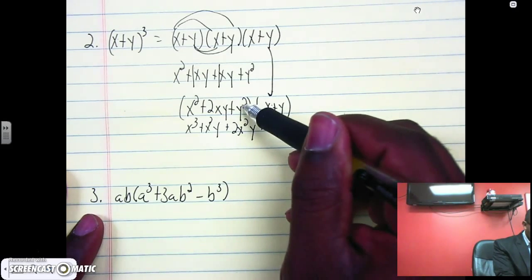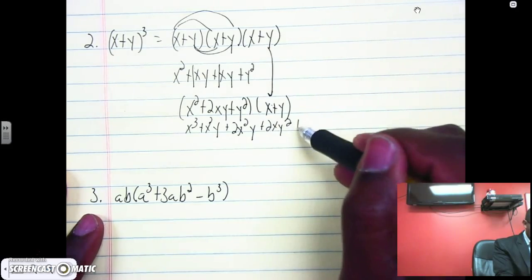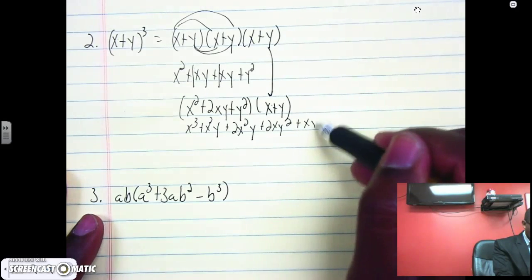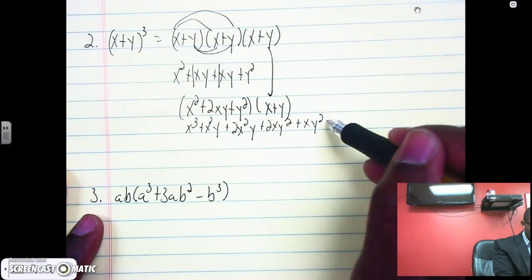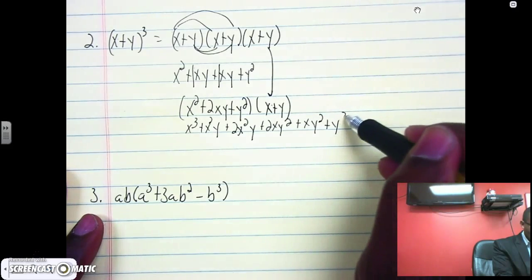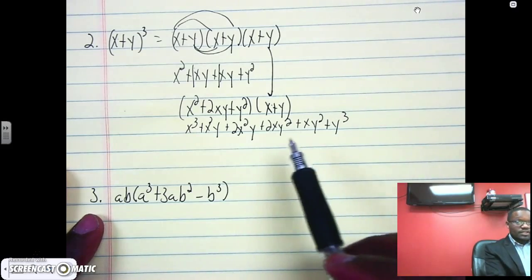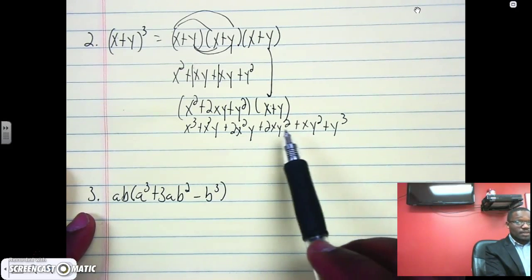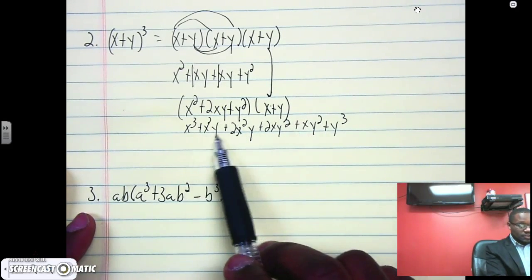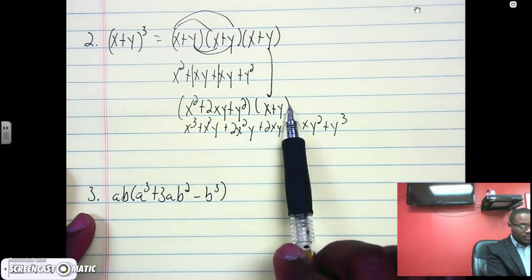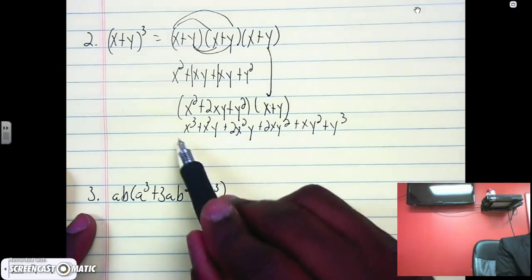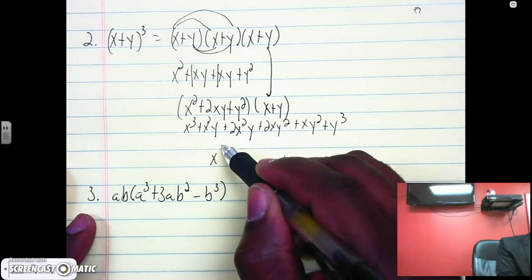Now, y squared times x is plus xy squared, and y squared times y is plus y cubed. If you didn't understand that, you need to pause and go back and see where each one of those came from. I took this times both of those, this times both of those, and this times both of those. Alright, simplifying. X cubed.